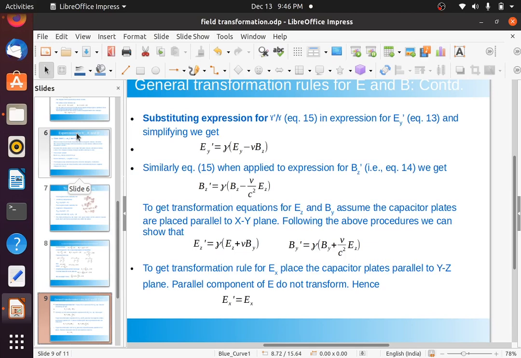So we have got the transformation rule for Ey and Bz.